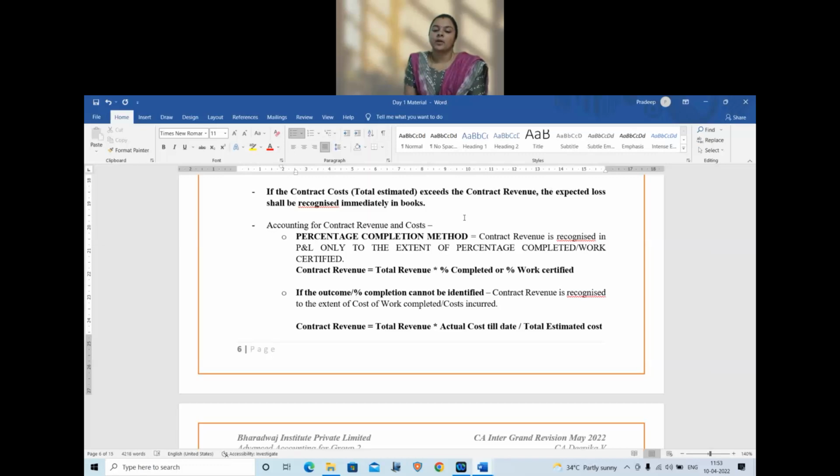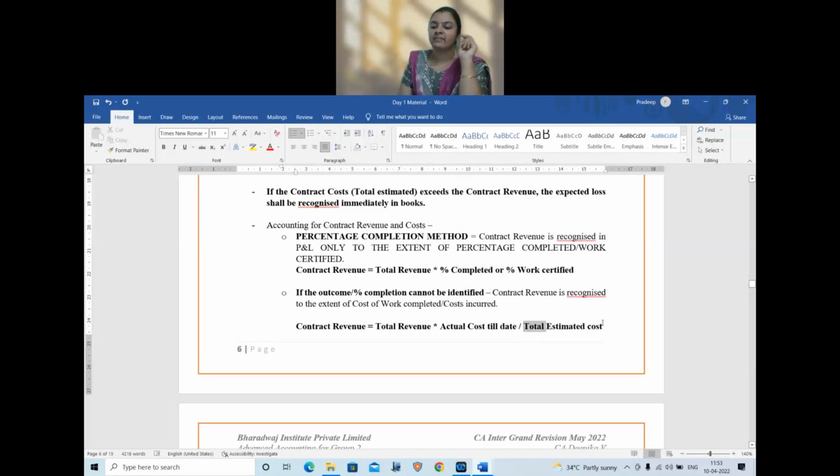Now, what if there is a change in the estimated revenue or estimated cost? If the revenue is revised or if the cost estimate is revised, will the contract revenue and cost change for the period? Yes. If the estimated revenue and estimated cost are revised, then accordingly your contract cost and revenue will be revised for the year also.